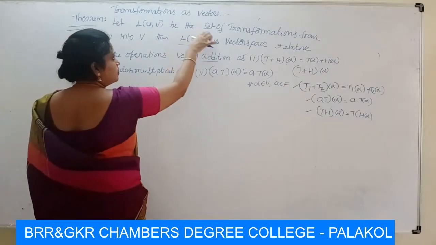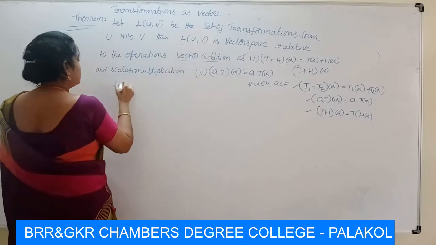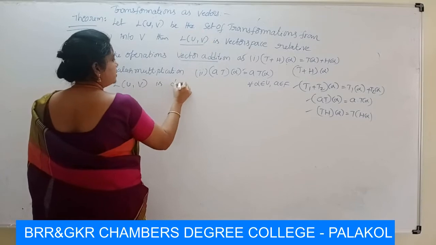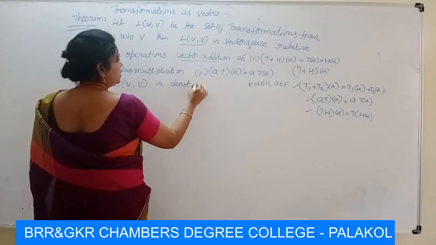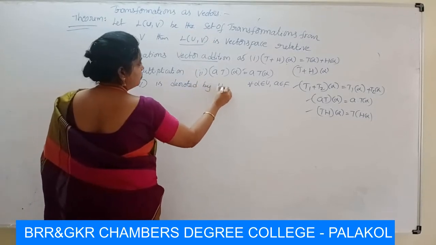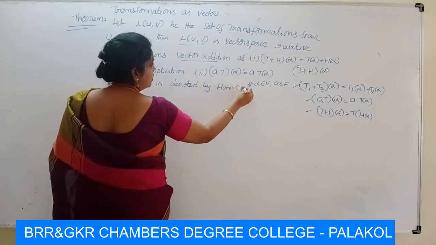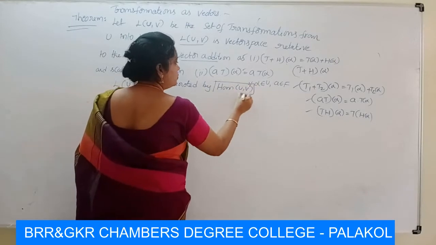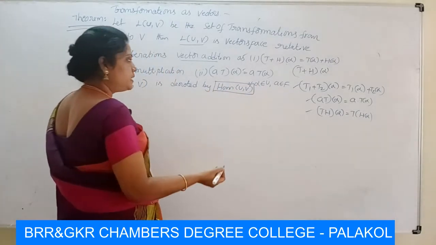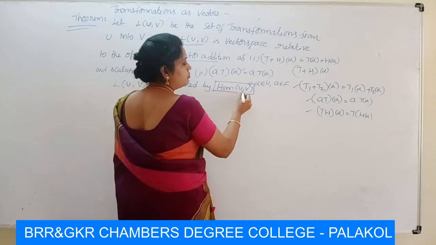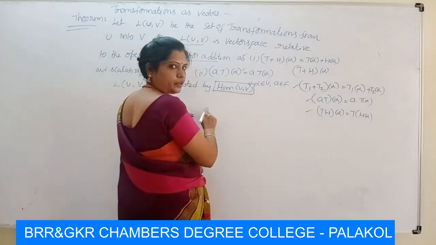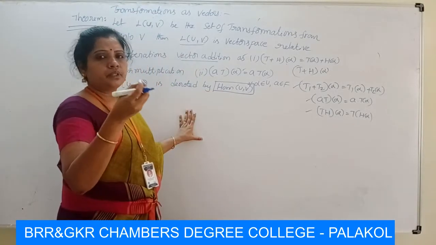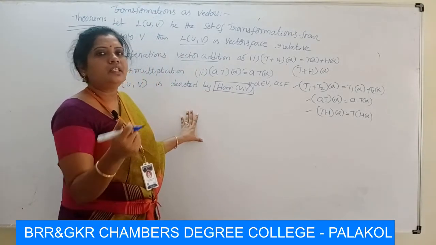L of UV is also denoted as HOM of U comma V. We read it as homomorphisms from U to V. Already we know that the homomorphism condition is nothing but the linear transformation.